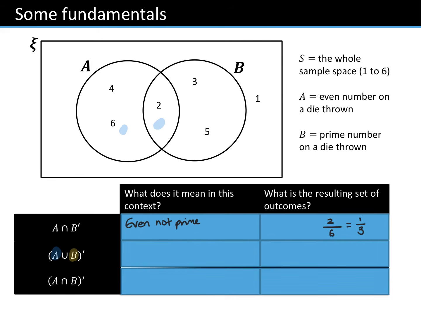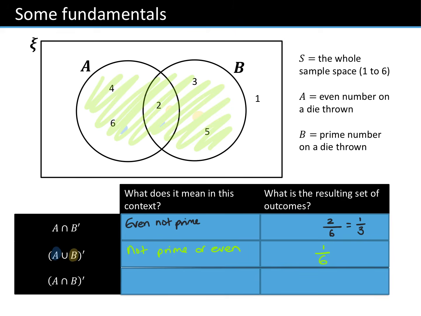I'd look at where B is, which is here. The union is all of this. And then it says not. So that means actually we want the outside. So 1 out of 6. Remember, because this is typically saying not prime or even.